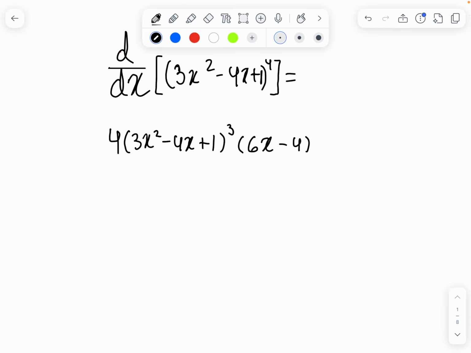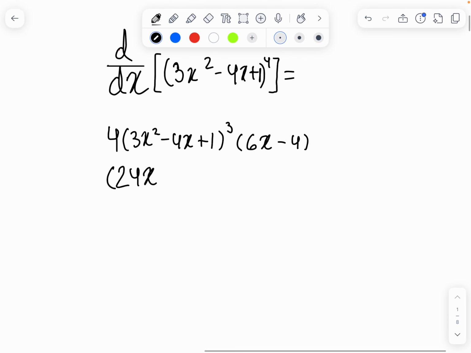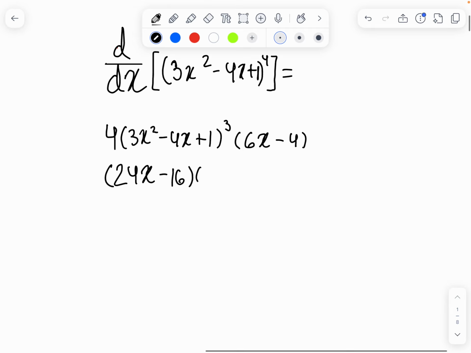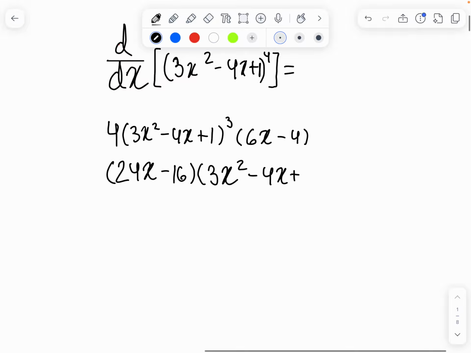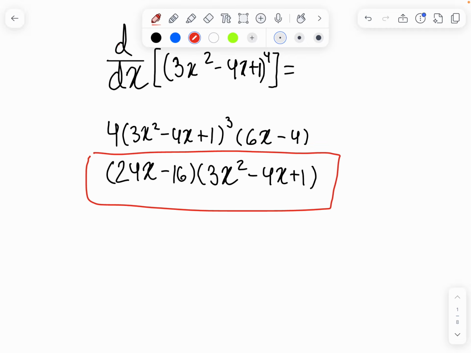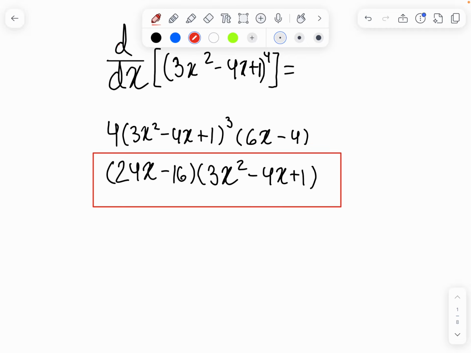And now if we combine like terms, we'd get 4 times 6x minus 4, so this would be 24x minus 16, times 3x squared minus 4x plus 1 cubed. And this is the derivative. Okay, on to the next question.